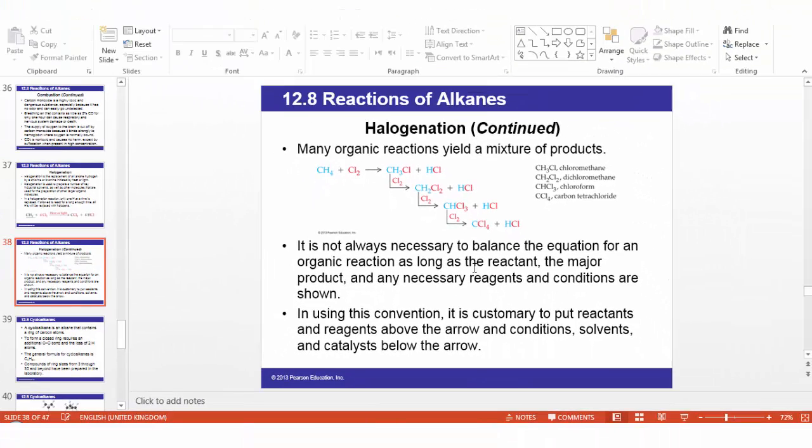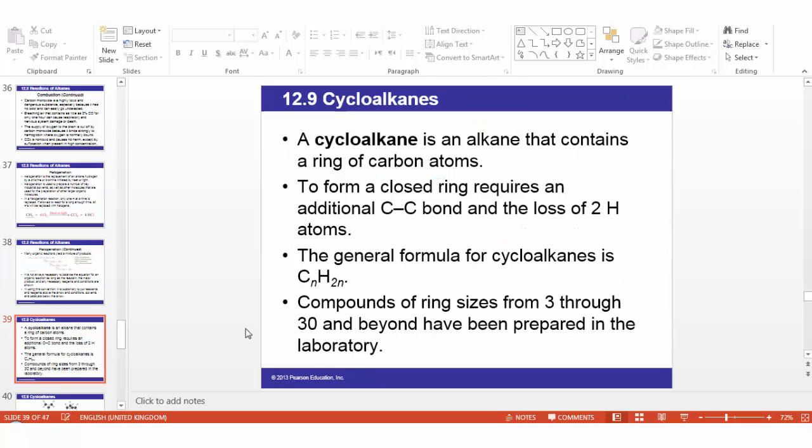It is not always necessary to balance the equation for an organic reaction as long as the reactant, the major product, and any necessary reagents and conditions are shown. In using this convention, it is customary to put reactants and reagents above the arrow and conditions, solvents, and catalysts below the arrow.